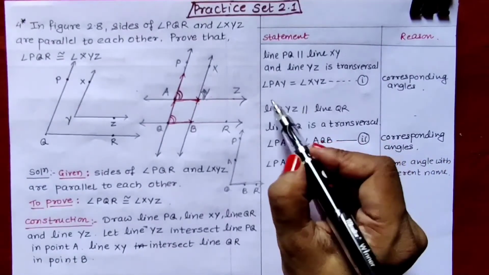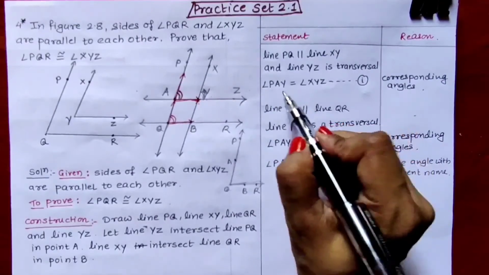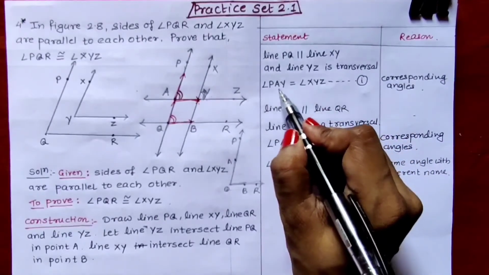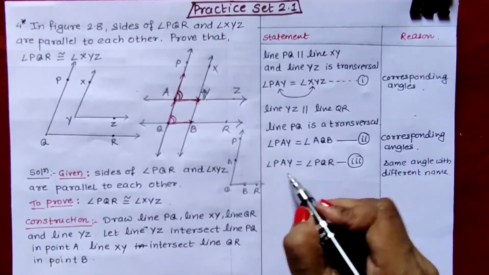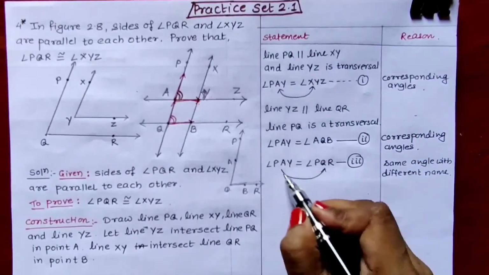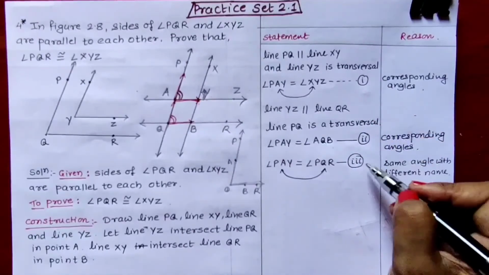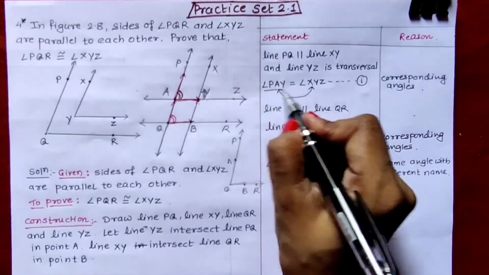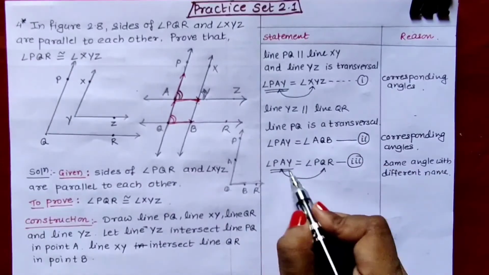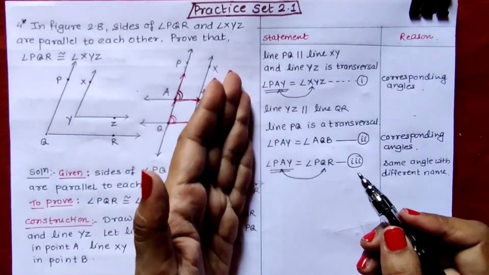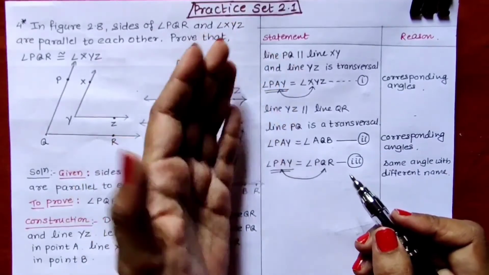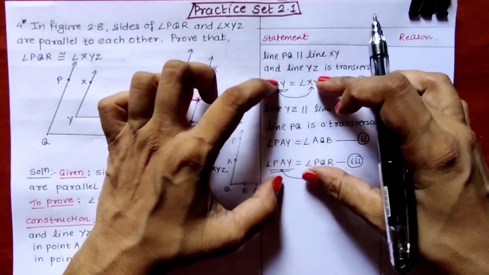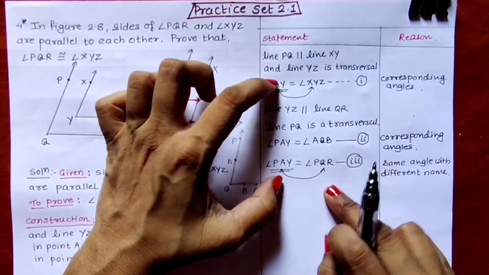Now observe equation number 1. In equation 1 we have written that we have got angle PAY is equal to XYZ. And in equation number 3 we have got angle PAY is equal to PQR. So in both these equations, the left hand side is having PAY. That means left hand side is equal, left hand side is same or common. So as left hand side is same, automatically right hand side will become same.